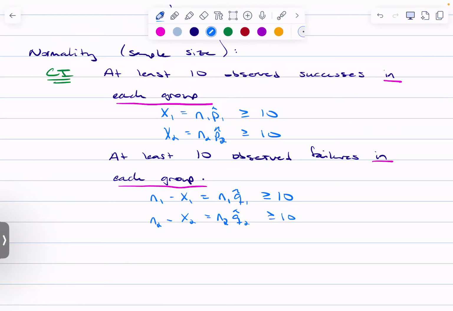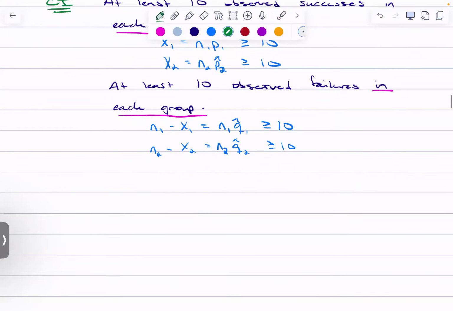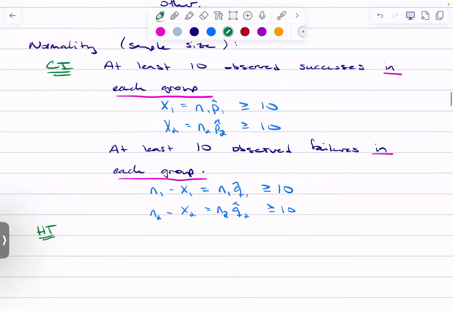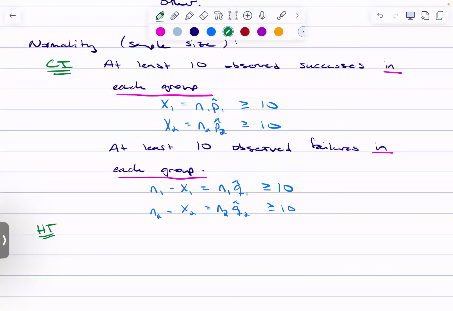What about a hypothesis test? We need at least 10 expected successes. Now, how we found that expected success before was I had to use p naught, right?